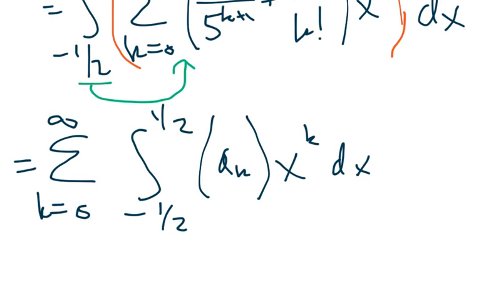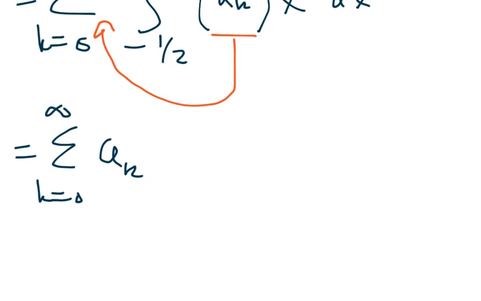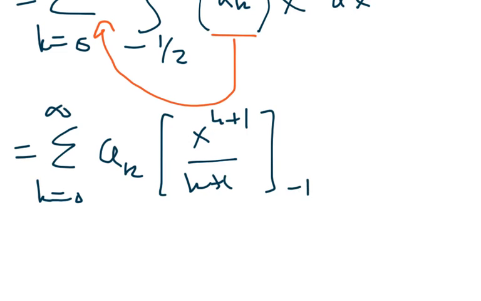This a_k now I can bring out and put it here, right? So this is going to be the sum from k equals 0 to infinity of a_k, which I'm not going to keep writing, and we just integrate x to the k, so we have x to the k plus 1 over k plus 1.